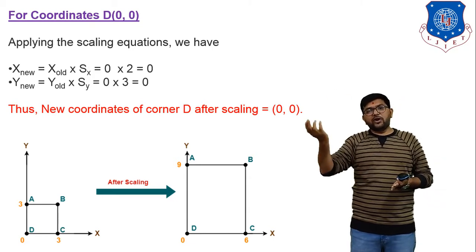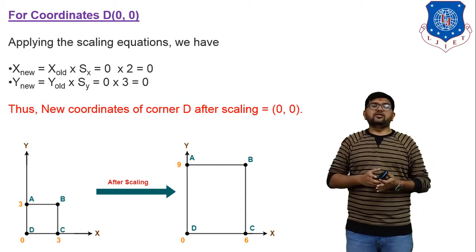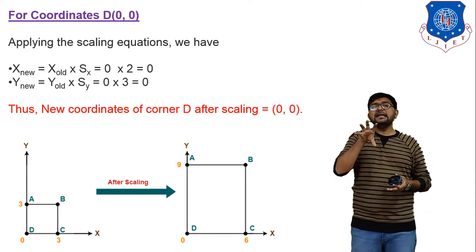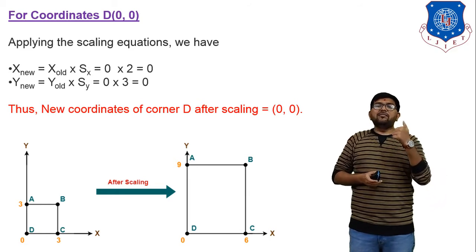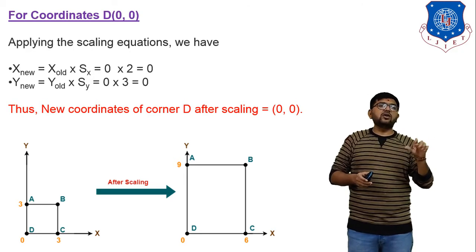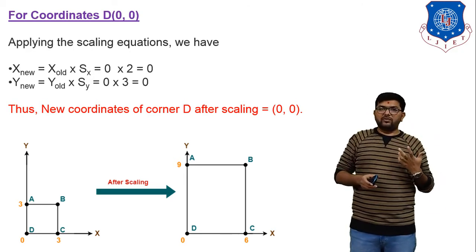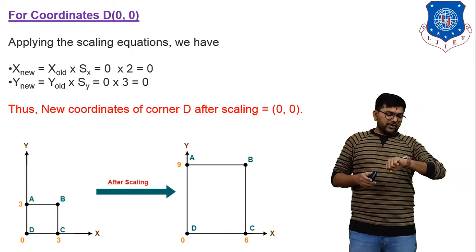Clear? So this is the new point coordinate. So you all know what scaling is. The meaning of scaling is that we either increase the size of the object or reduce the size of the object. Clear? So this is simple scaling geometric transformation.